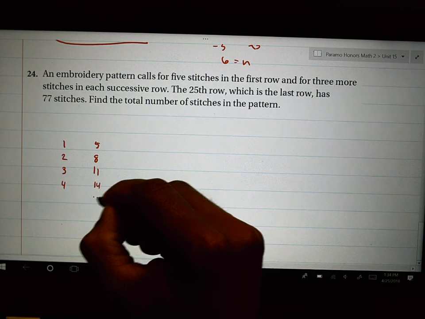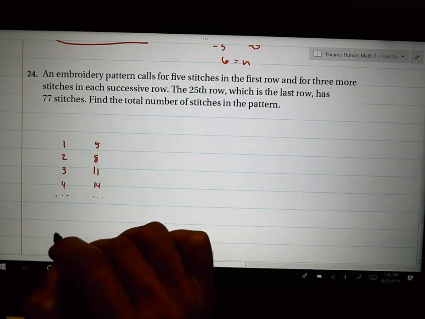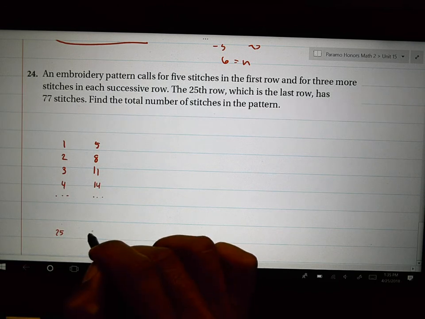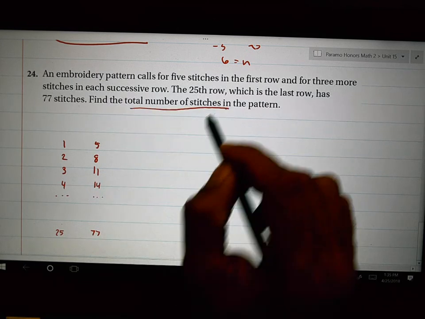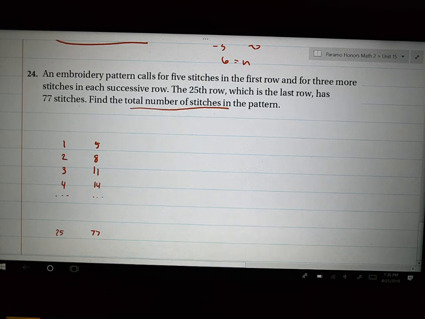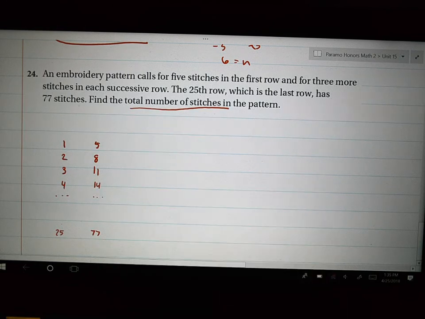The 25th row, whoa, way down there, has 77 stitches. Find the total number of stitches in the pattern. Total number of stitches. That must mean in this row, and this row, and this row all together. We need to add up all these numbers. Oh, wow, that's a lot of stitches.